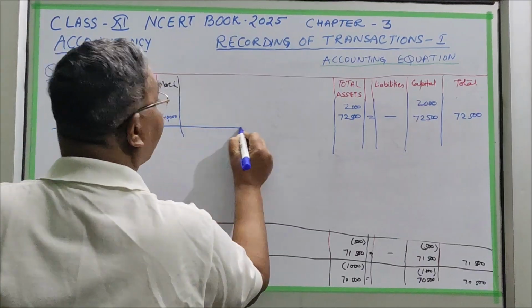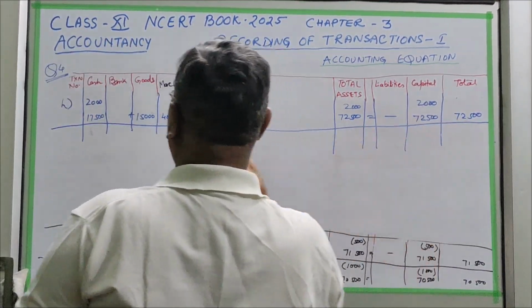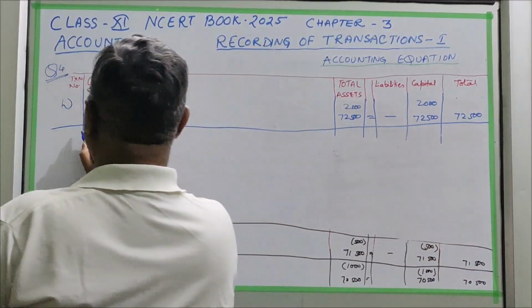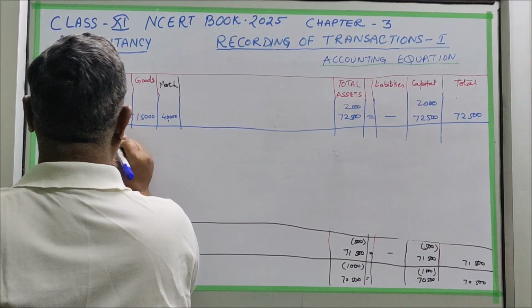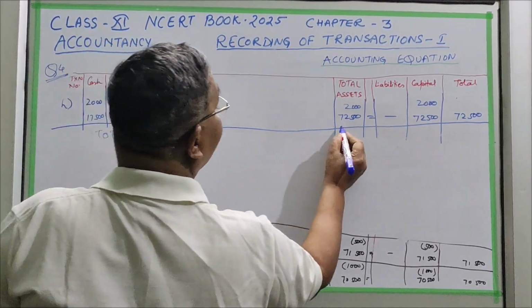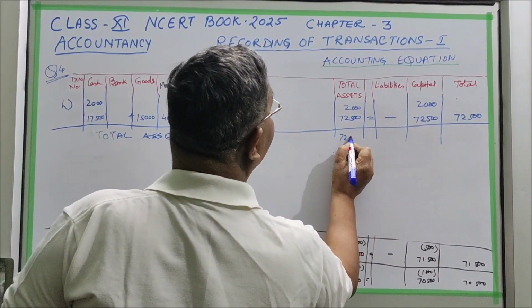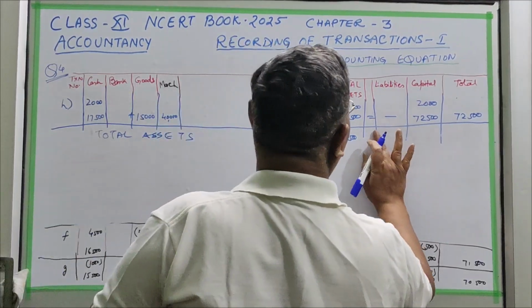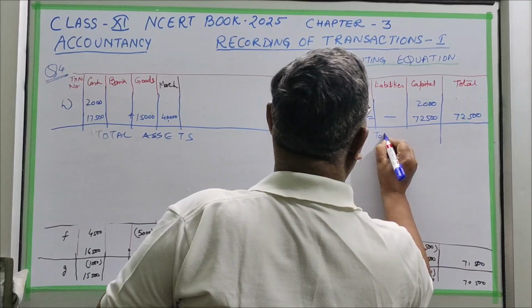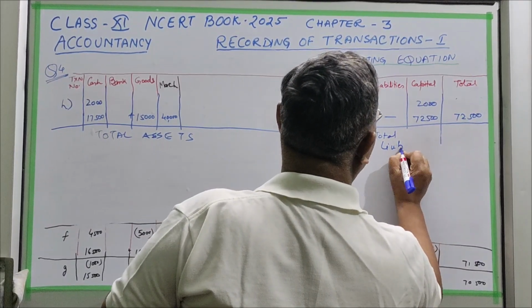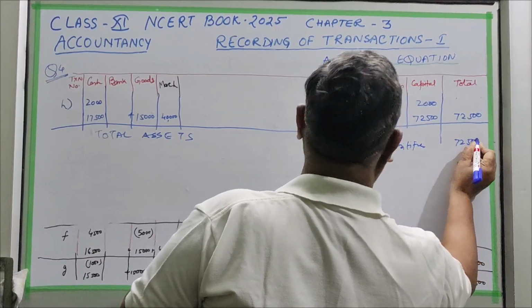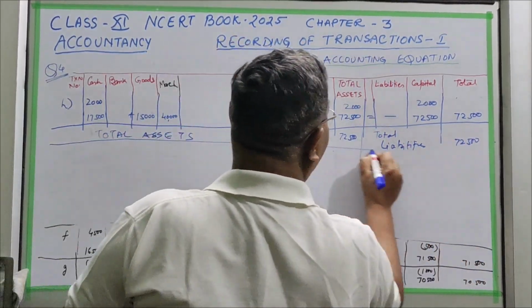So this question is now over, total assets 72,500, and total liabilities 72,500.